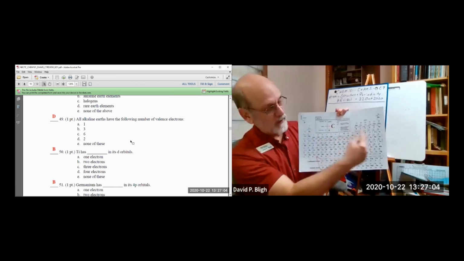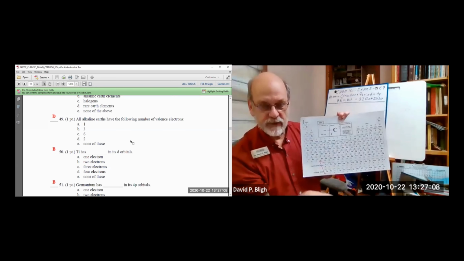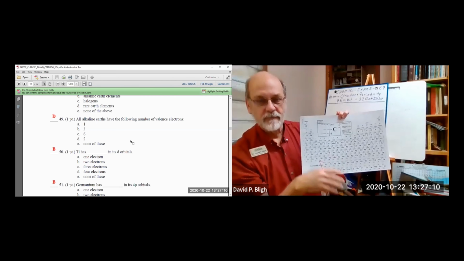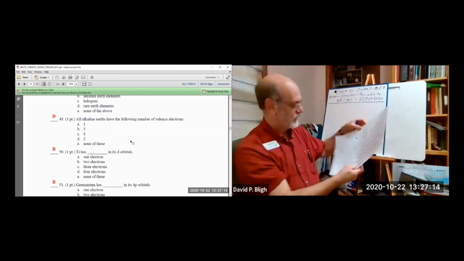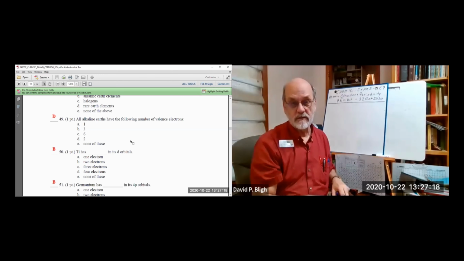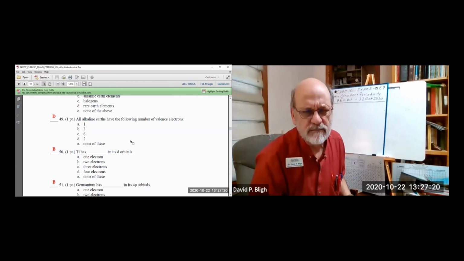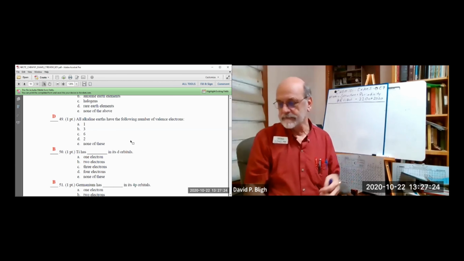Because if you back up one, you get to the noble gases, and they're all completely filled. They're happy where they are. So anything extra is valence. Okay, so that's why D is the answer to 49.